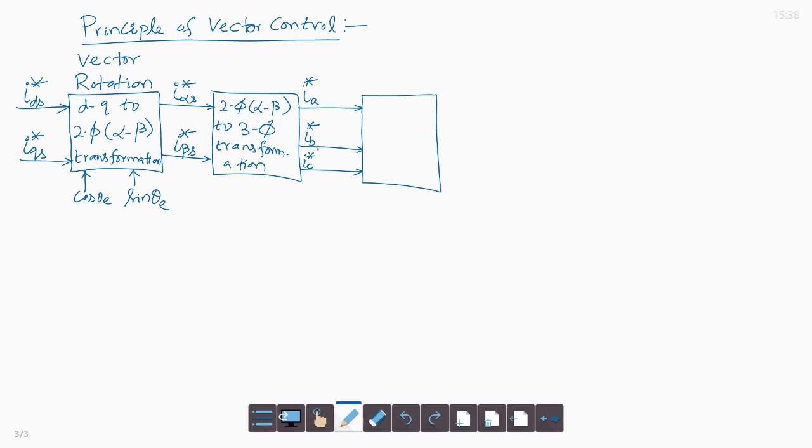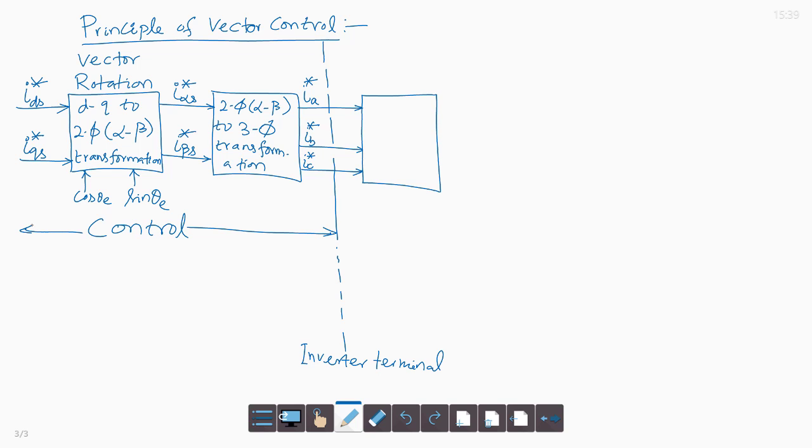These are the 3 phase current commands, which are the inputs to the inverter terminal, inverter control. So, this action is the control action we have discussed, or the main vector control action, you can say. This is the control action.